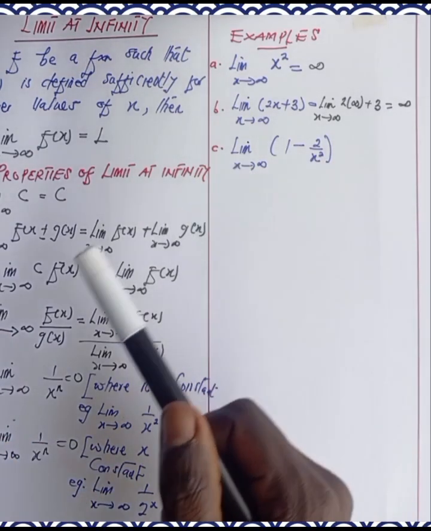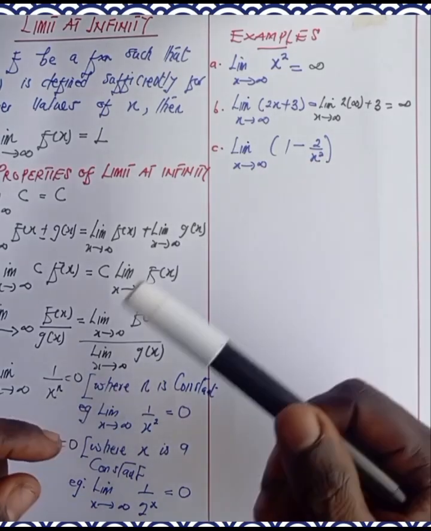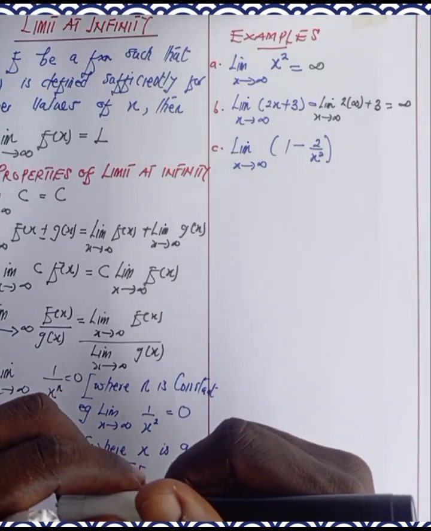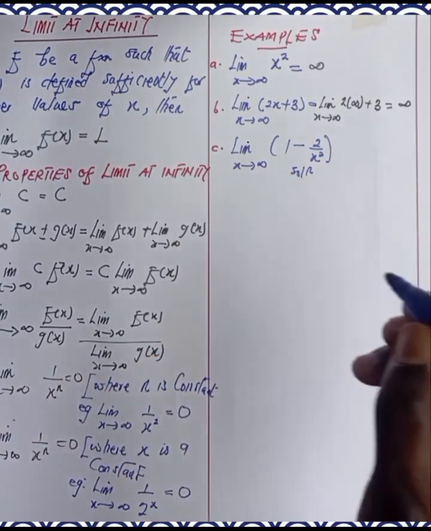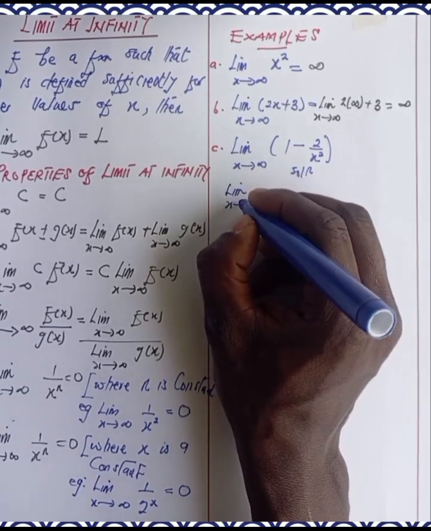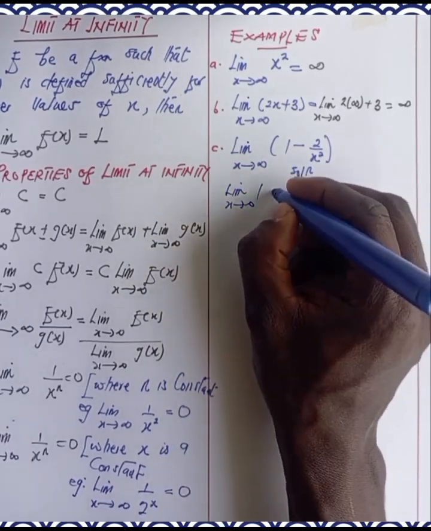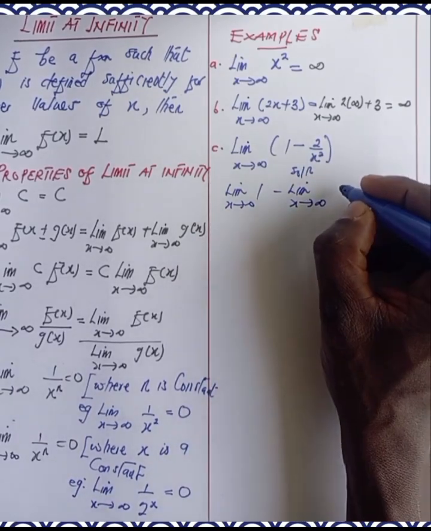Now we have the next example, C. We have to find the limit of this function as x approaches infinity. We are going to apply the rules or properties of limits. So we are going to get the limit as x approaches infinity of 1 minus the limit as x approaches infinity of 2 over x squared.